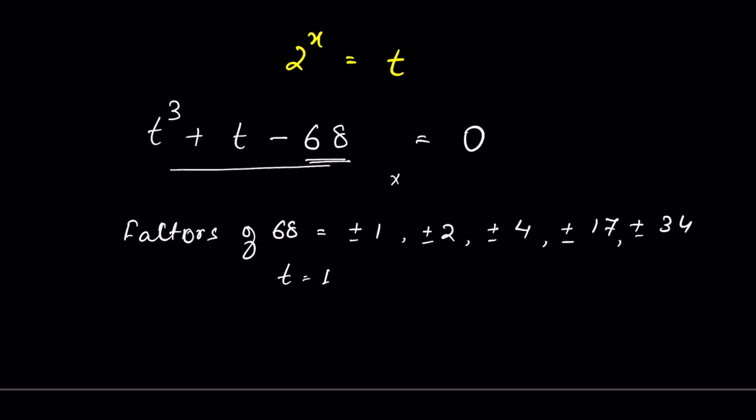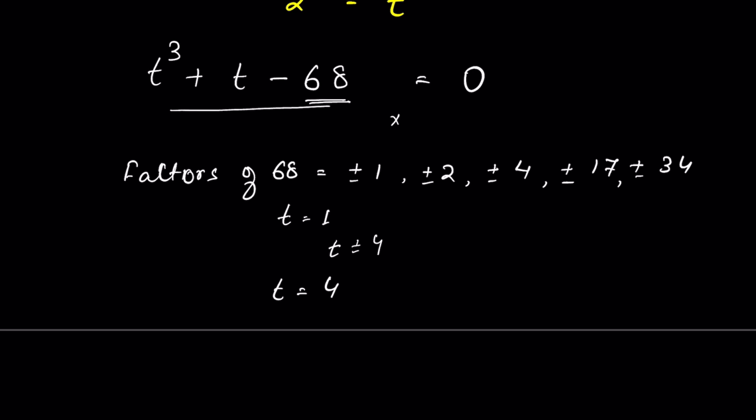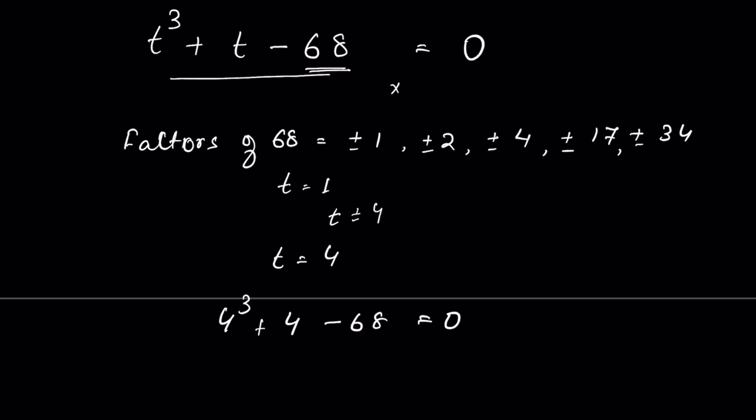What if we take t is equal to plus minus 4? If we take t is equal to 4, then it is 4 cube plus 4 minus 68, it is 68 minus 68 is equal to 0. That means the one factor for t is t minus 4 for this equation, and another should be something that should be equal to 0, 2 factors.